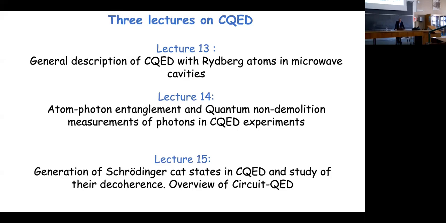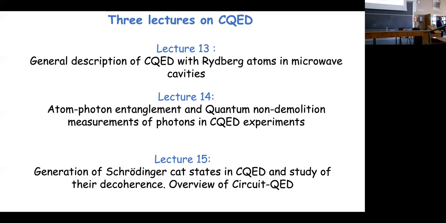And in the last lecture, I will deal with the generation and study of what are known as Schrödinger cat states. These are states which are in superposition of being in different quantum states at once. So it's a kind of illustration of the tale that Schrödinger told about the cat, which interacts with an atom and which is suspended between the dead and the alive state.